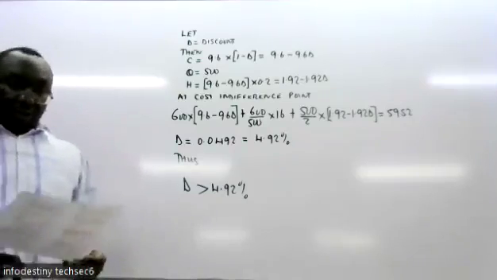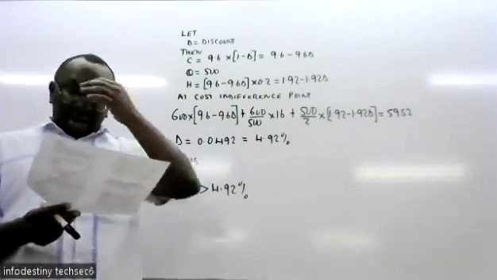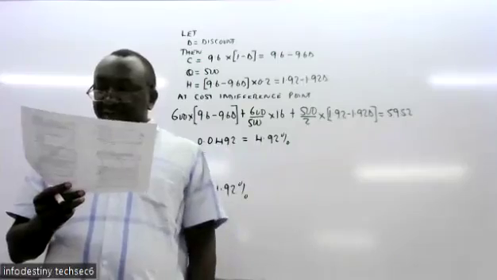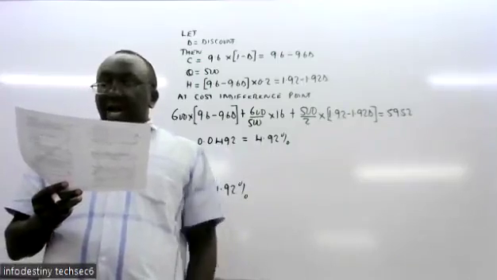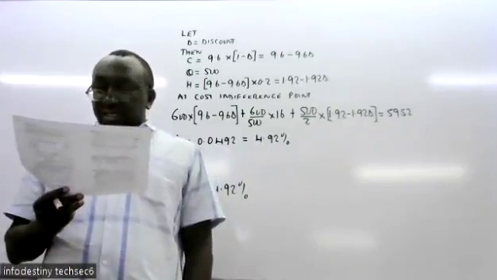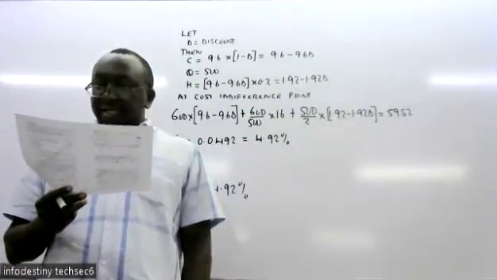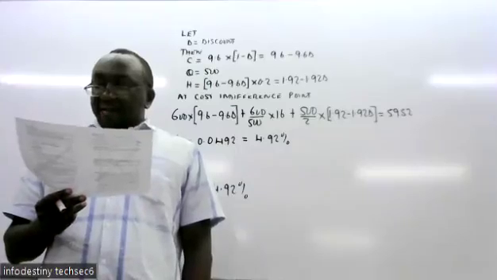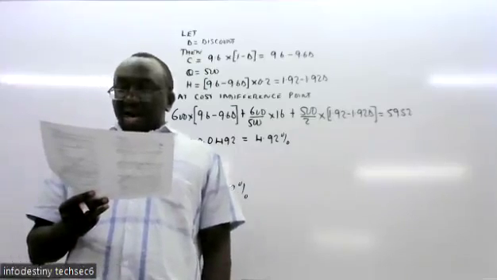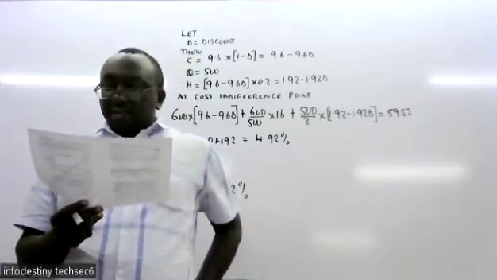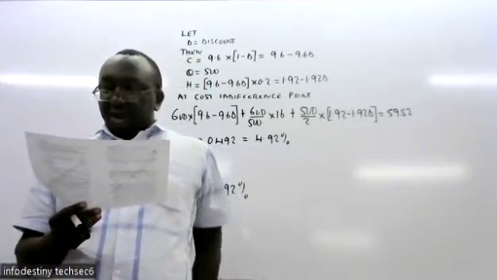Let us go to the next, that is question number 5. Question number 5 says, a manufacturer uses 3,300 grams of a certain chemical per year. Delivery costs incurred per order are shillings 40, and inventory carrying costs are estimated to be 30% of stock value.